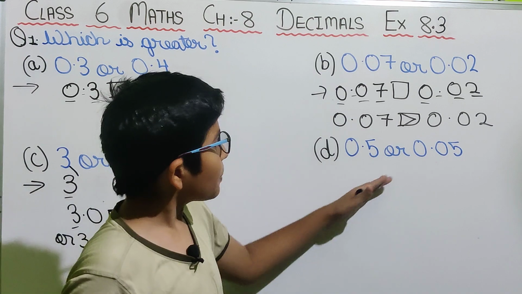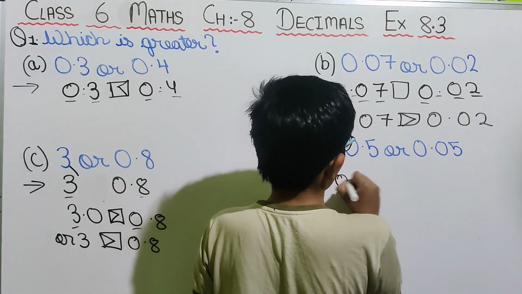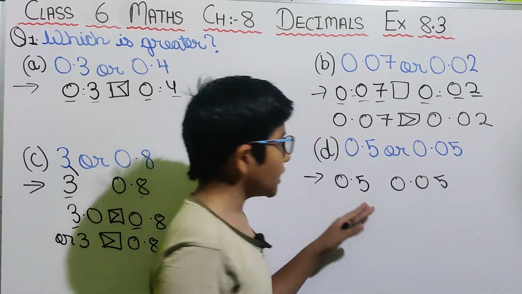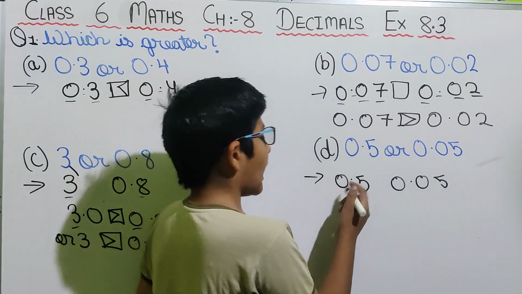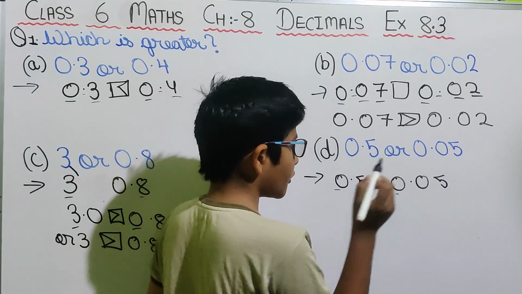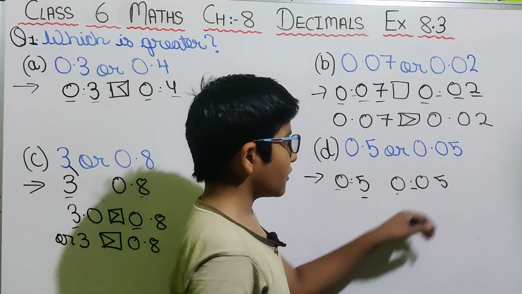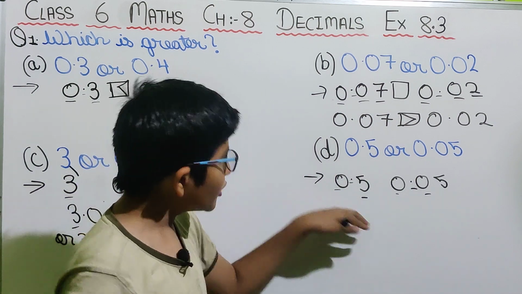Now D: 0.5 or 0.05. Now here 0.5 and 0.05. First number, after the point, 0, here also 0. After the point, here 5, here 0. So you are thinking that this number is bigger. Yes, we will do like that.